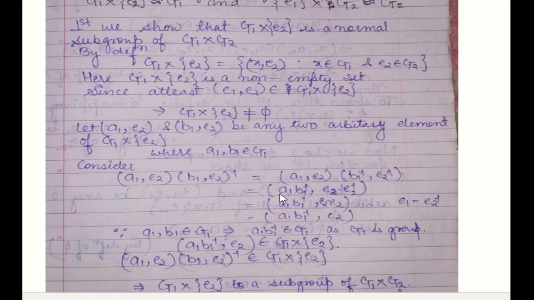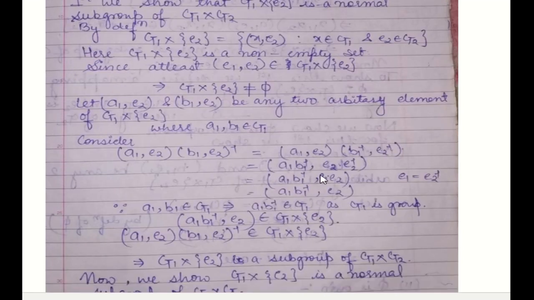So now we multiply to get A1 B1 inverse comma E2 E2 inverse. Now E2 E2 inverse is E2. So what will we get? A1 B1 inverse comma E2. This is the value of this A B inverse. And we can easily see that it belongs to the group.